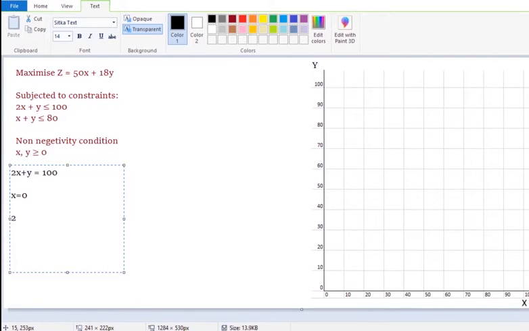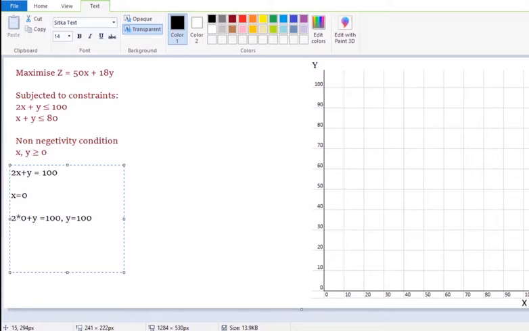So if I put x equal to 0, then we have 2 into 0 plus y equal to 100. I'm using star for into. So when I put x equal to 0, I get 2 into 0 plus y equal to 100, which is nothing but y equal to 100. So when I put x equal to 0, I get y equal to 100.